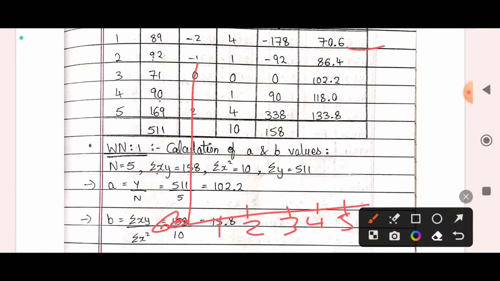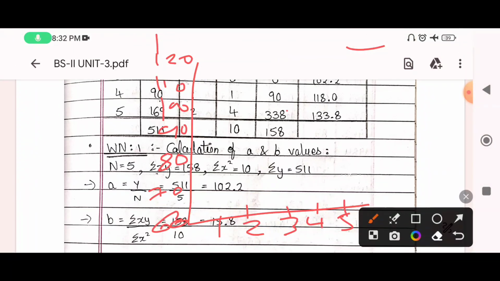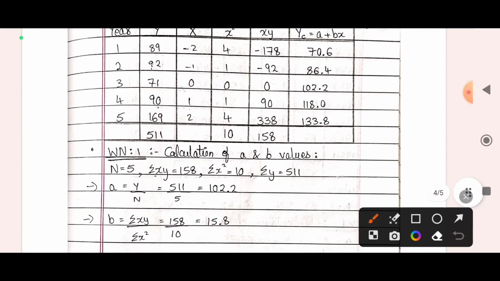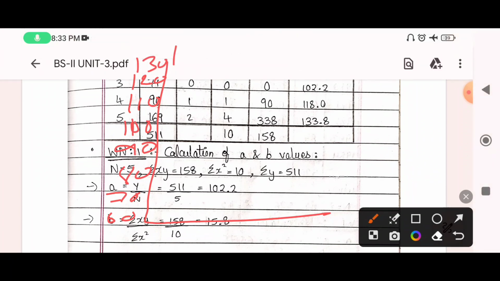So take 60, 70, 80, 90, 100, 110, 120, 130, 140.